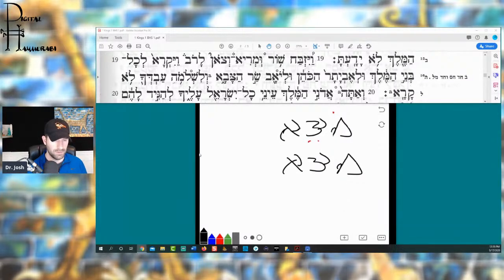So let's just do these one at a time. So motze, motzet. Instead of getting motze'et, it's like this aleph just disappears from pronunciation and you get motzet. So motze, motzet.